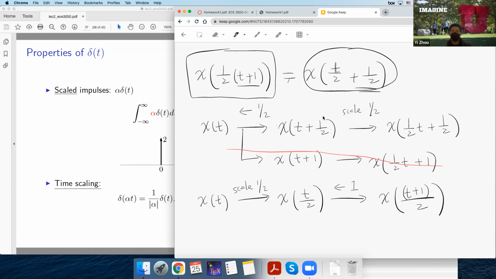But from the first approach, after we introduce the shifting, if we want to do a scaling, all we need to do is replace the entire t by t over 2. So that's why this is a standard scaling operation, scaling by 1 half.